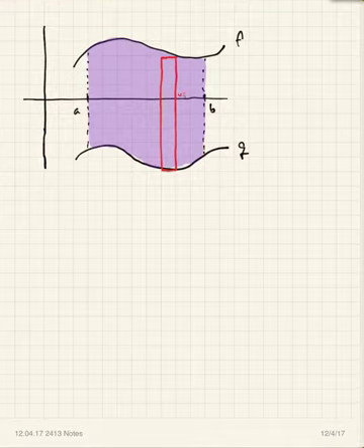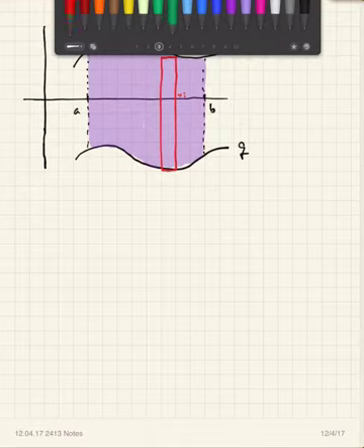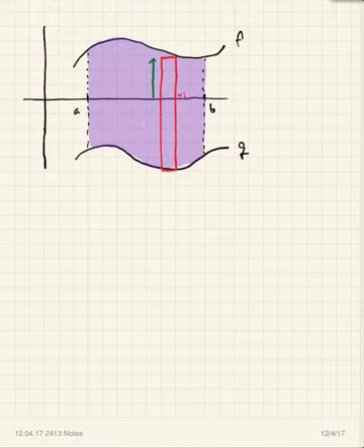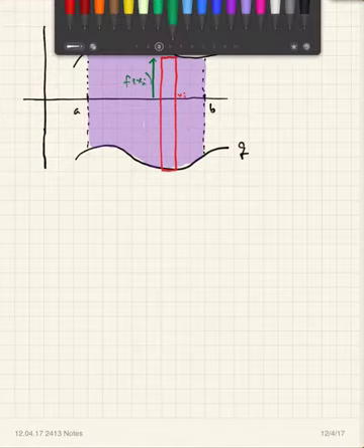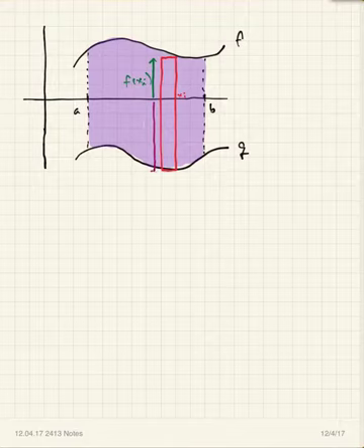And so we want the total height of that rectangle. So now this distance right here, for the curve above the x-axis, that piece of that rectangle, that distance would be just f of x sub i. And then for g, this piece of this rectangle, that distance would be g of x sub i.